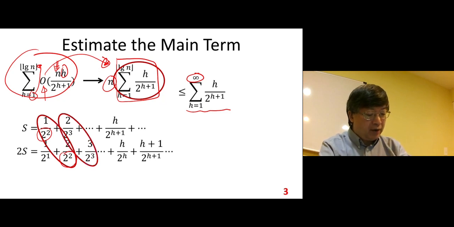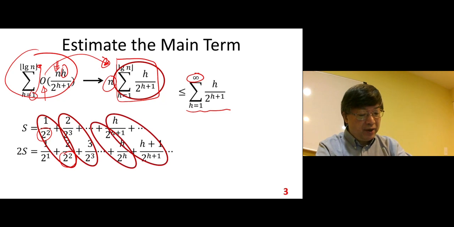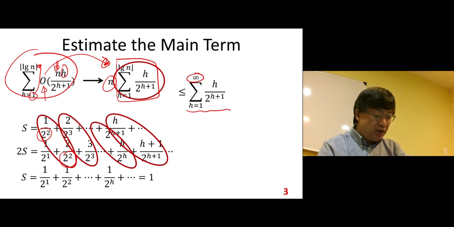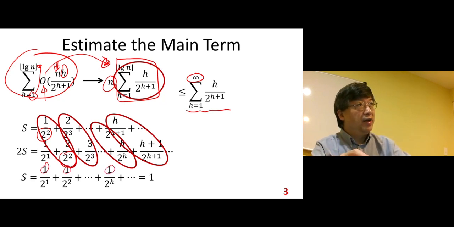So we combine these like terms by subtraction. S equals the difference, where the numerator of the difference is all 1. A very nice structure.